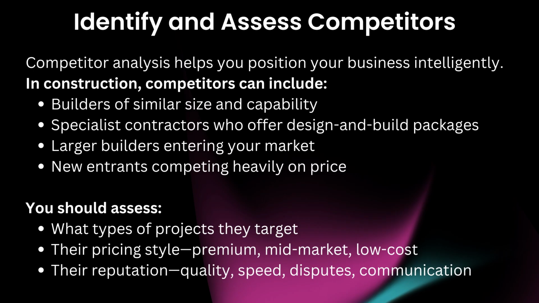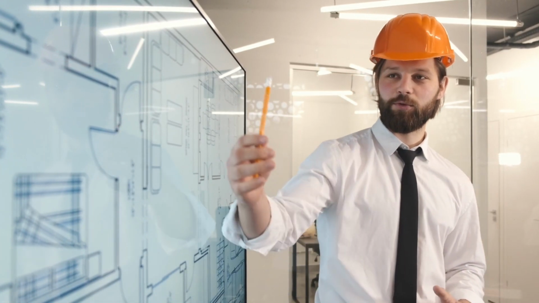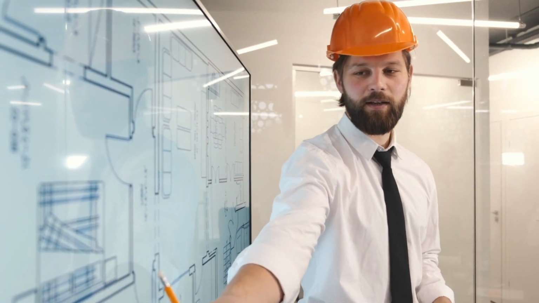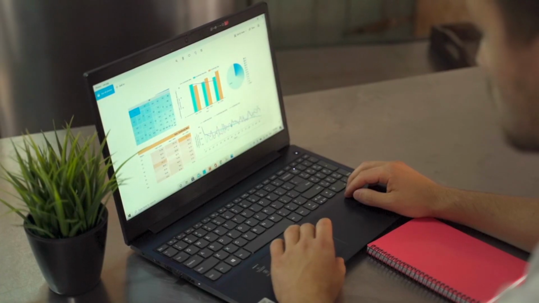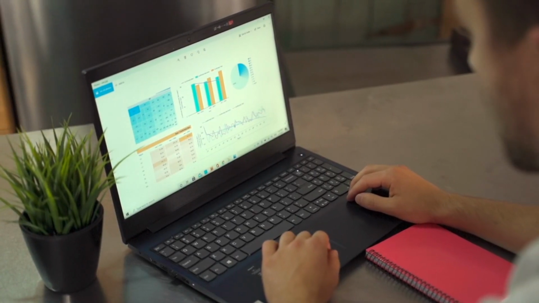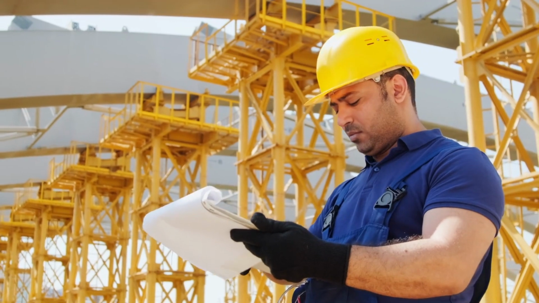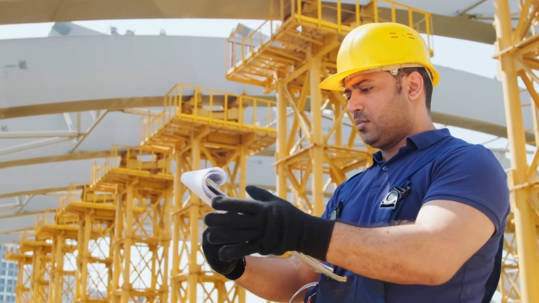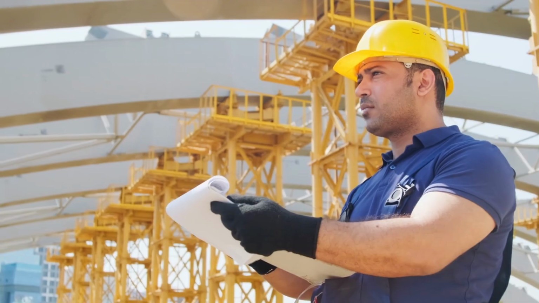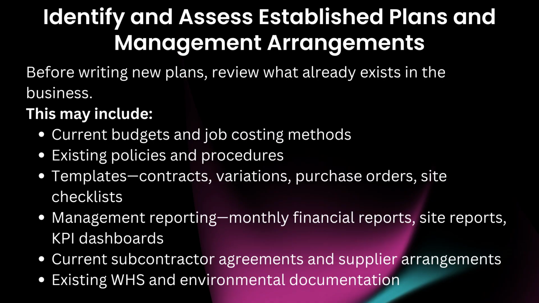You should assess what types of projects they target, their pricing style, premium, mid-market, low cost, their reputation, quality, speed, disputes, communication, their marketing presence, website, branding, case studies, their capability, systems, staff depth, subcontractor networks. The goal is not to copy competitors, but to identify where you can differentiate and where you must improve to compete sustainably.